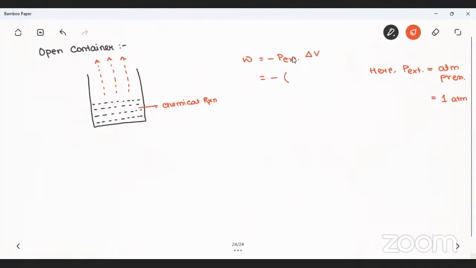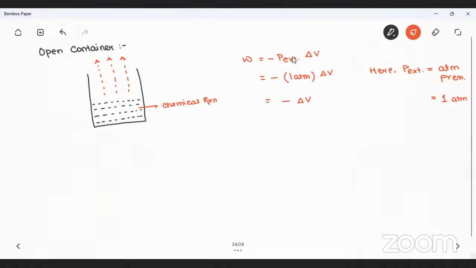So minus of 1 atm delta V. We frequently write it like this, so minus of delta V.